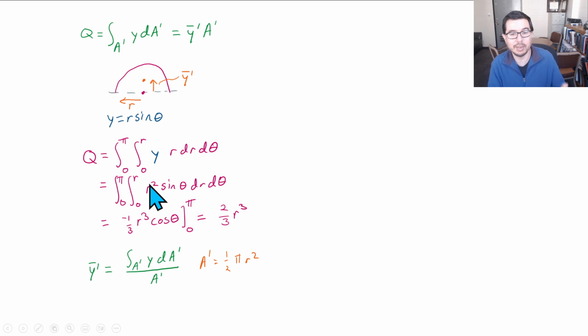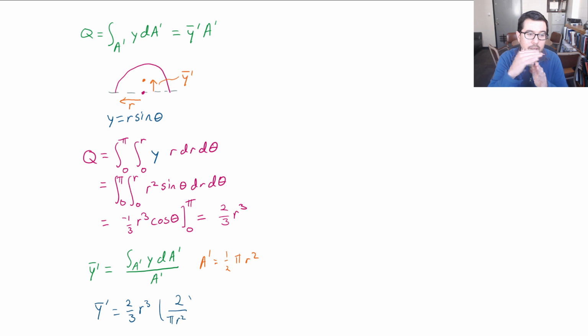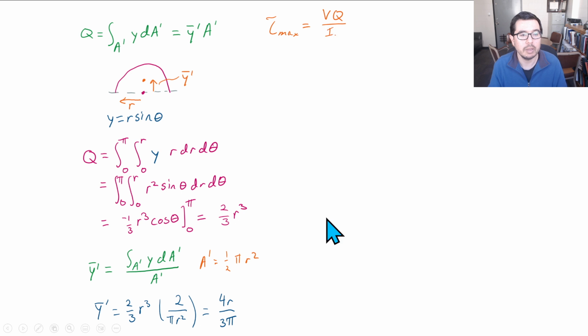We already calculated Q, but for kicks, if we ever want to know where the centroid is above the midpoint of a semicircle, it's going to be 4r over 3 pi. Calculating out the maximum shear stress, we have it being equal to VQ over IT. We're going to plug in y prime equal to 0. We know that the second moment of area for a circle is pi over 4, r to the 4th.